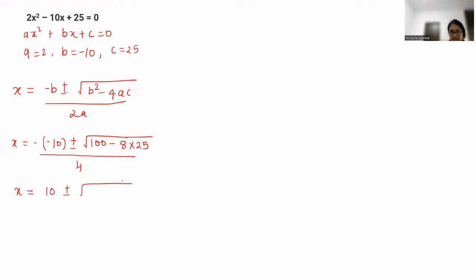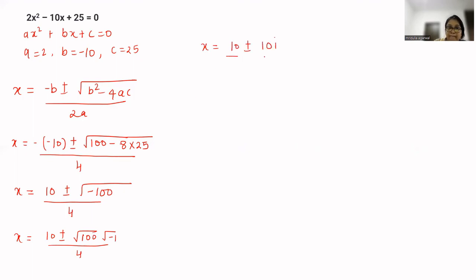So 10 plus minus square root of, here it will be 100 minus 200. So we are having minus 100 upon 4. What you can do over here is consider this as root of 100 into root of minus 1. Why are we doing this? Because we know that root of minus 1 is an imaginary number. So it can be written as 10i upon 4.